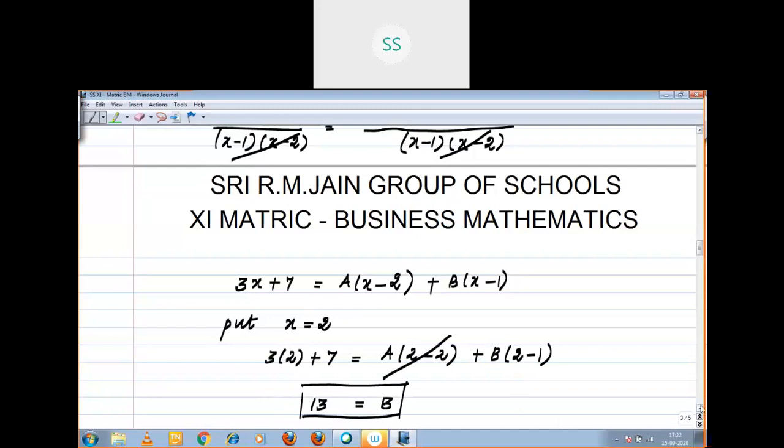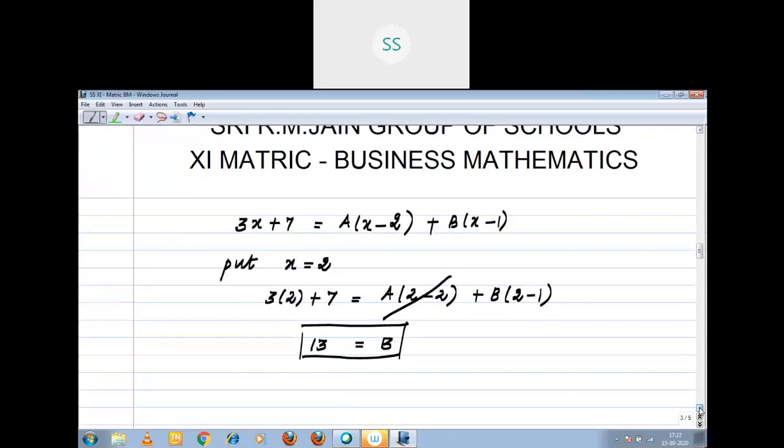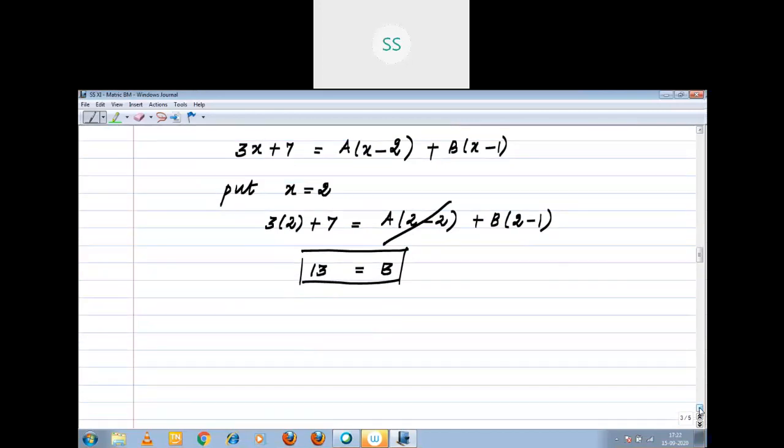Then you have to substitute x is equal to 1. Substitution is easy. You can equate also both left and right.